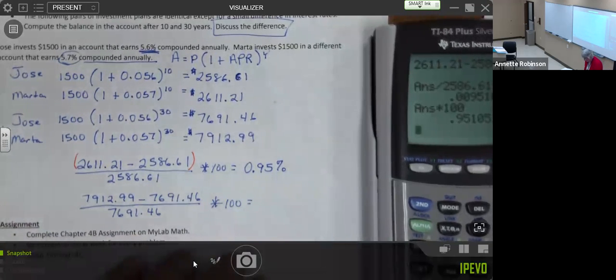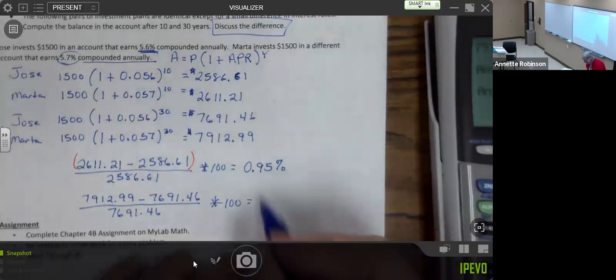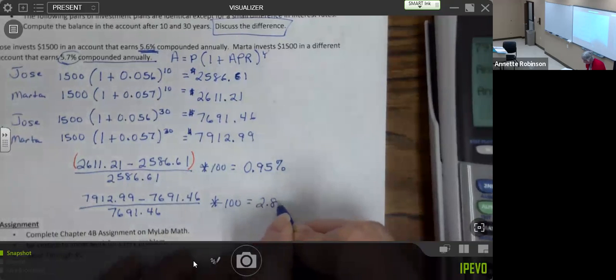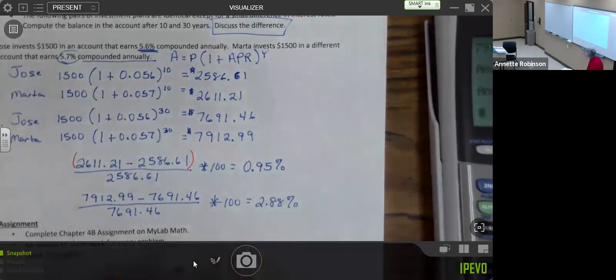So again, 7912.99 minus 7691.46 divided by the 7691.46 times 100. Now look at this. If they do a 20%, then there's 2.88% difference in the money that Marta earned over Jose's.